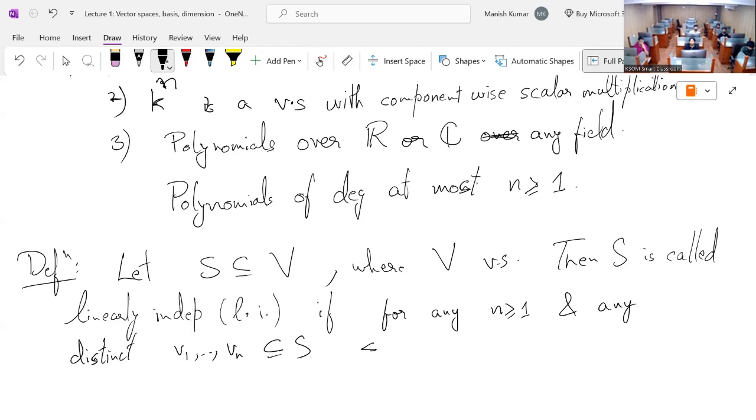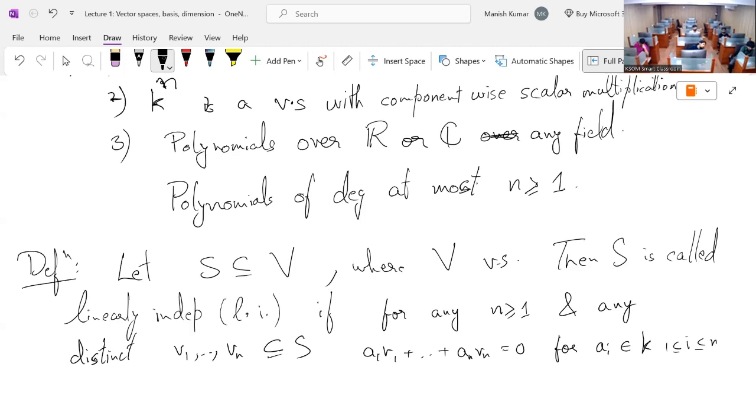Instead of summation notation, let's write in the full notation. A1 V1 plus An Vn equals 0, for Ai in K, i between 1 and n.